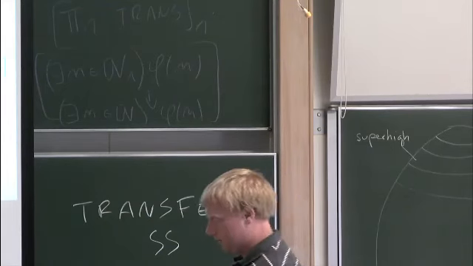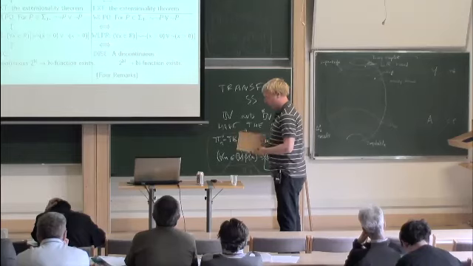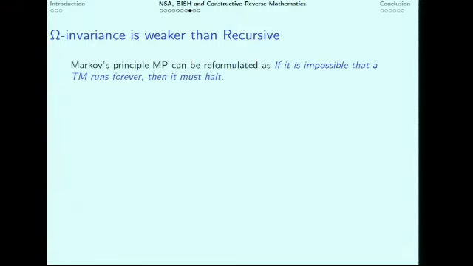Four remarks. Omega invariance actually is weaker than recursive, and this has to do with Markov's principle. Markov's principle can be reformulated as: if it is impossible that a Turing machine does not hold, then it must hold.